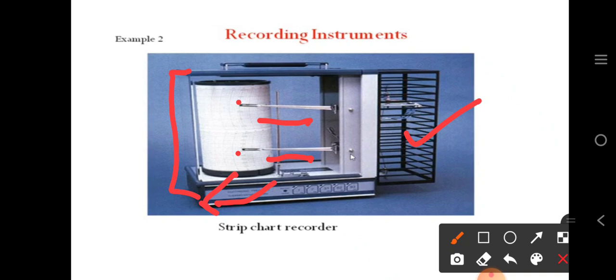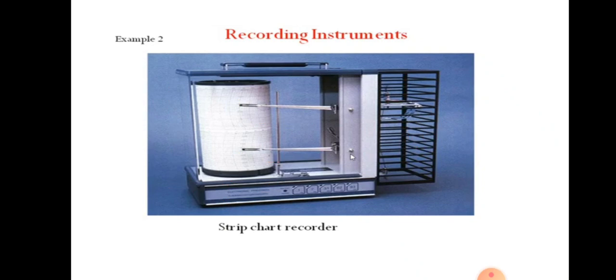As the reading moves ahead, the roll also rotates and the reading is denoted on this graph paper. So in this type the data is recorded and represented on graph paper. This is called the recording instrument.